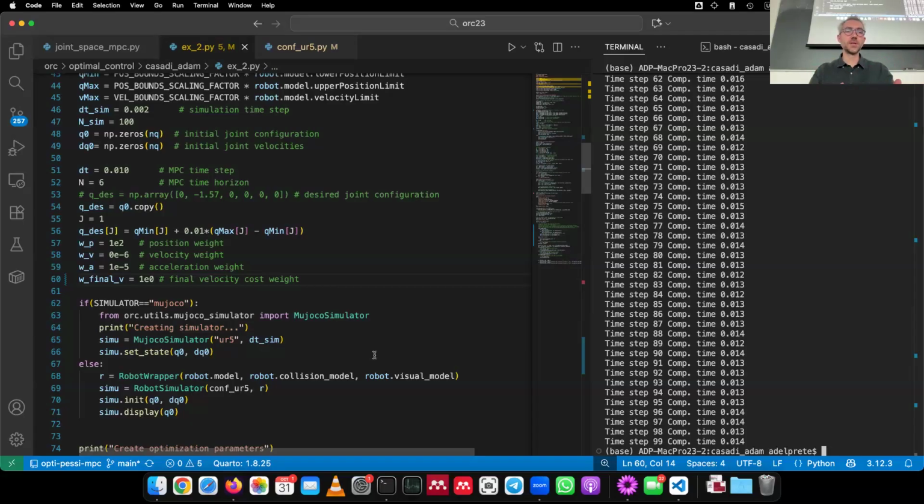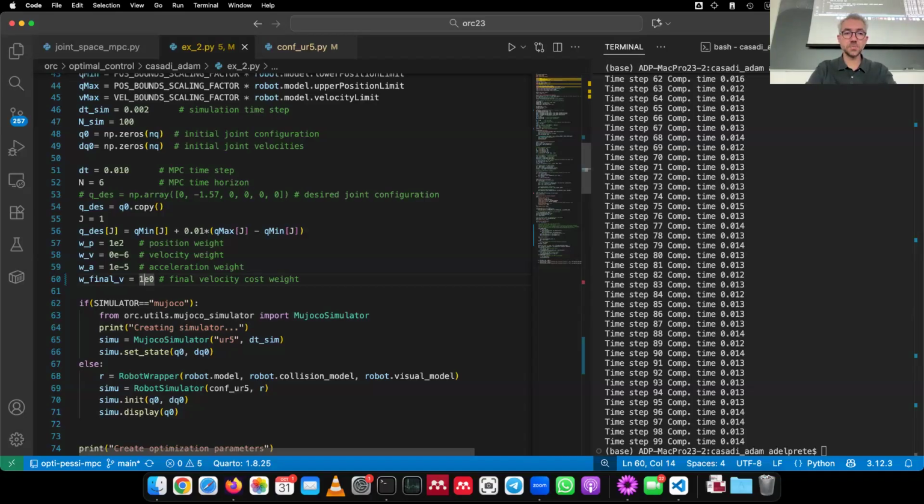So here we are working now with a final cost. However, we could also work with a final constraint. They are both useful for compensating for the lack of an infinite horizon. So shall we try also with a final constraint?